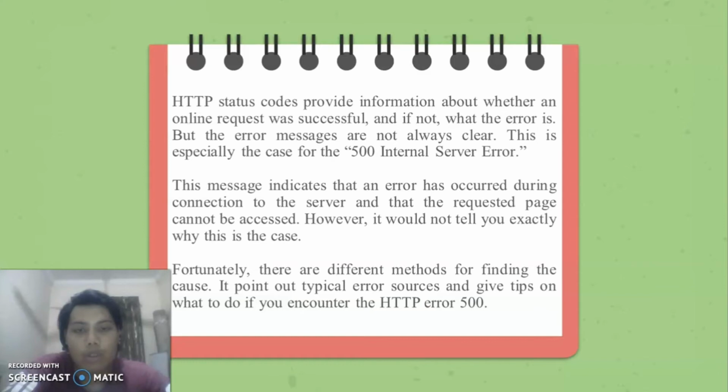However, it will not tell you exactly why this is the case. Fortunately, there are different methods for finding the cause. It points out typical error sources and gives tips on what to do if you encounter the HTTP error 500.